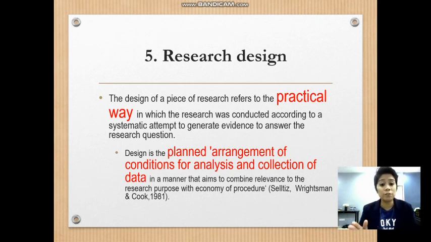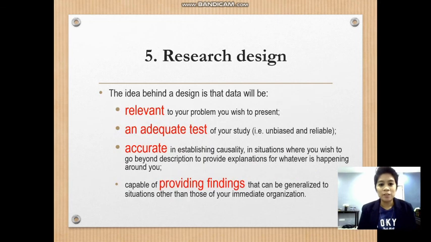Okay, to aim for the research objective, to solve the research problem that you mentioned in the first stage. The design should be really well planned, because it should be relevant to your problem, and the test that you choose should be unbiased and reliable, and will provide an accurate result later on, capable of providing findings so that the results can be generalized.